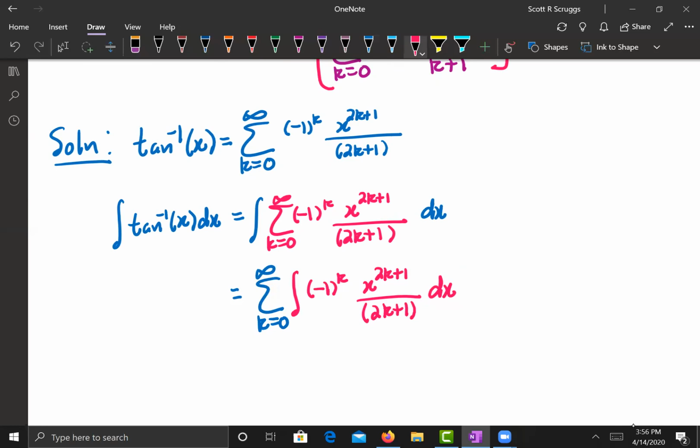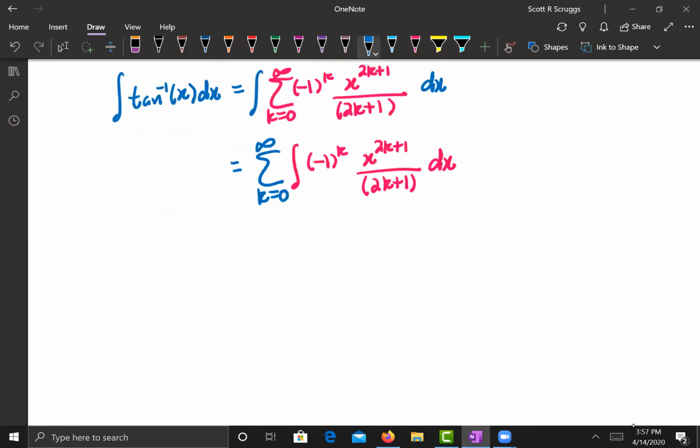The (-1)^k and the 2k+1 are constants with respect to x. So if I integrate that, I can move the (-1)^k and the 2k+1 outside, and I'm just left with taking the integral of x^(2k+1).